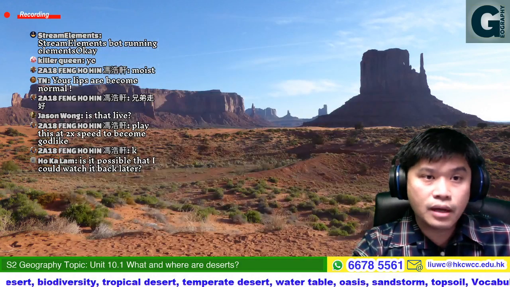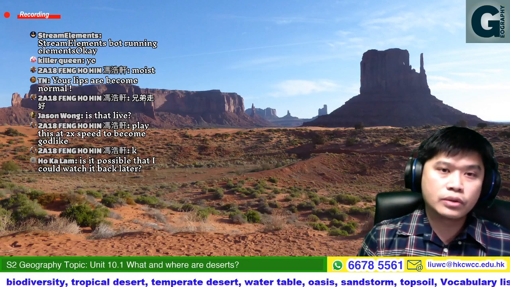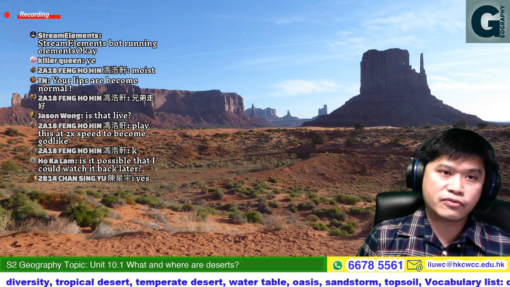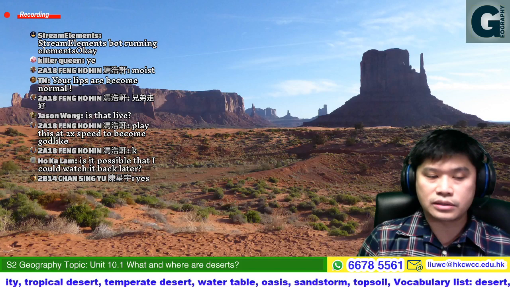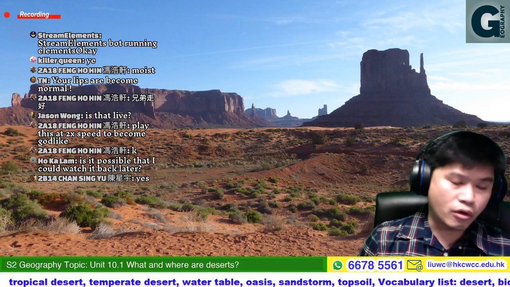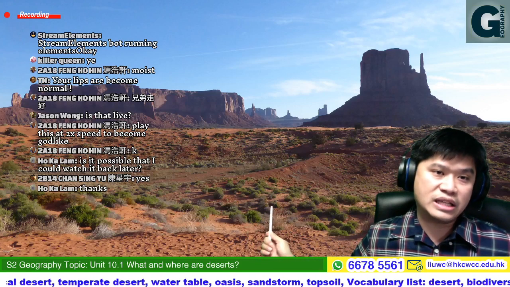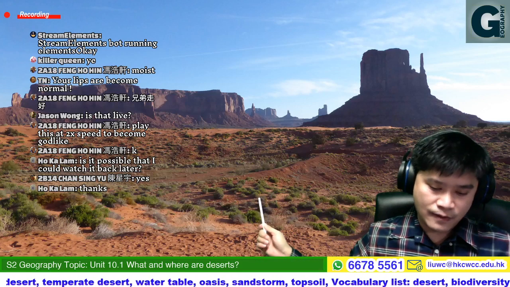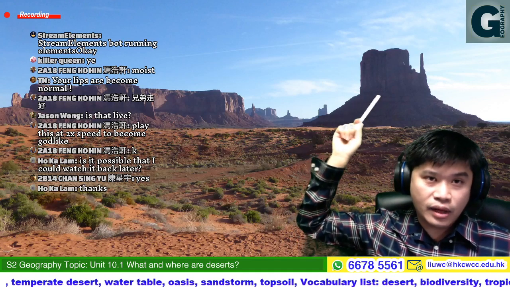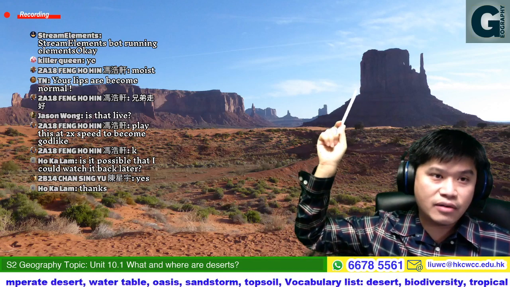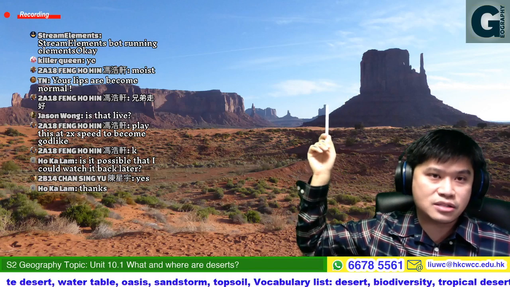For example, you may look at the background area here. This desert is found in the United States, and it is a kind of rocky surface, and you can see some vegetation there, like shrubs. I would say this is a very iconic slope in the desert region.